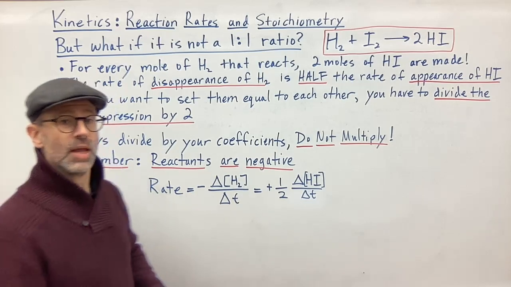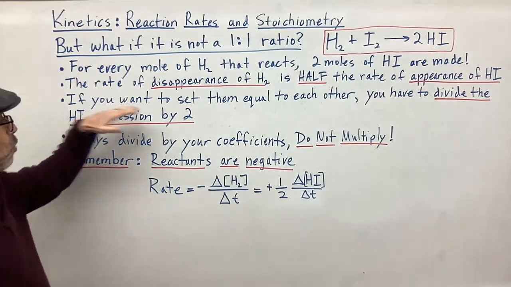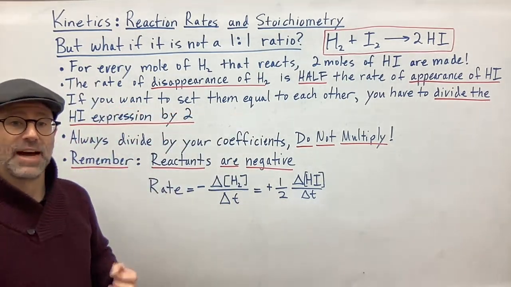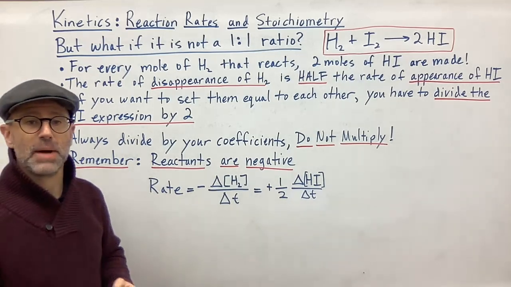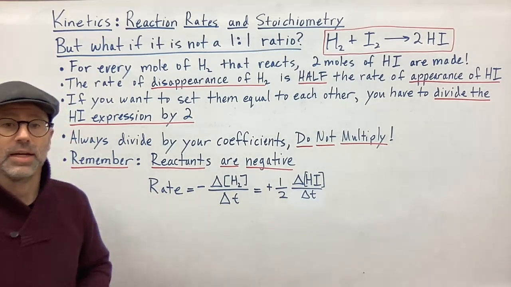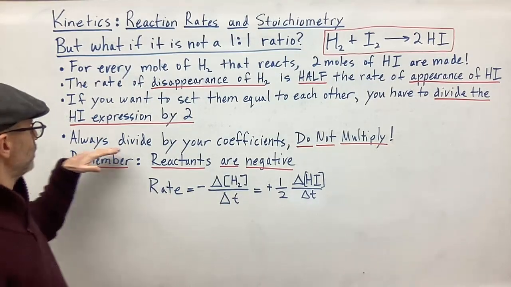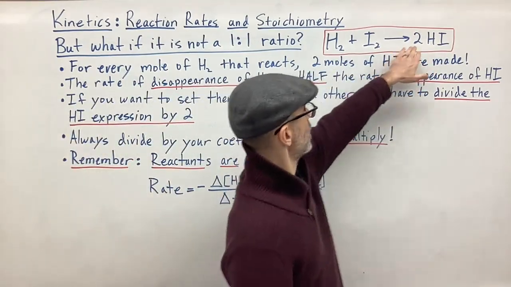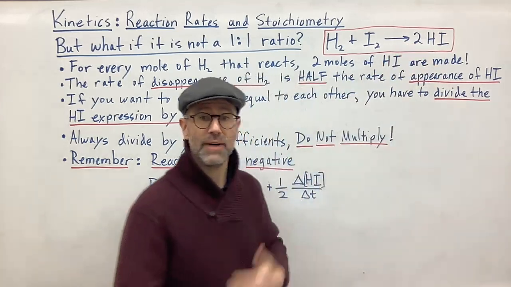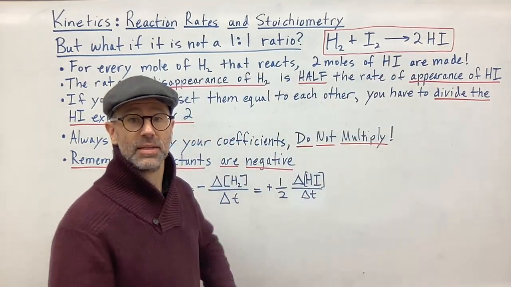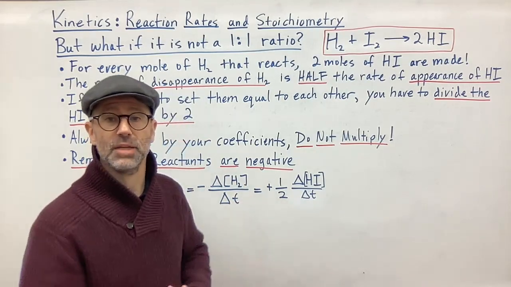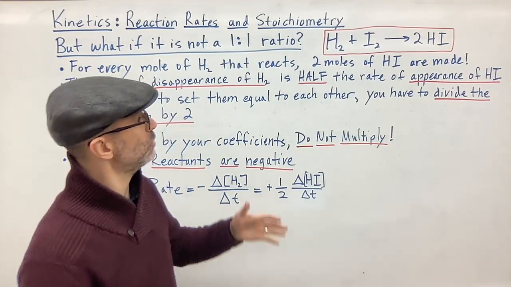If you want to set them equal to each other, you need to divide the HI expression by 2. So if this was a 3, then you would divide by 3, because then the loss of H2 would be 1/3 that of the production of HI. But we have a 2 here.